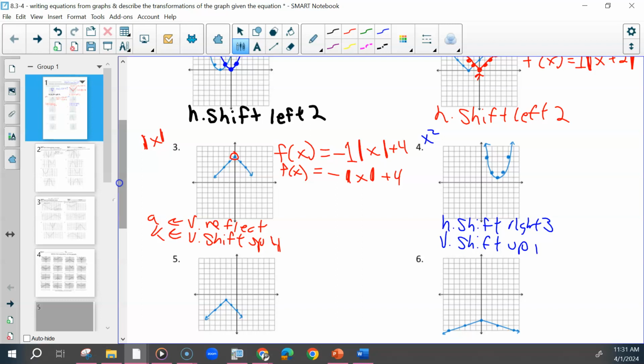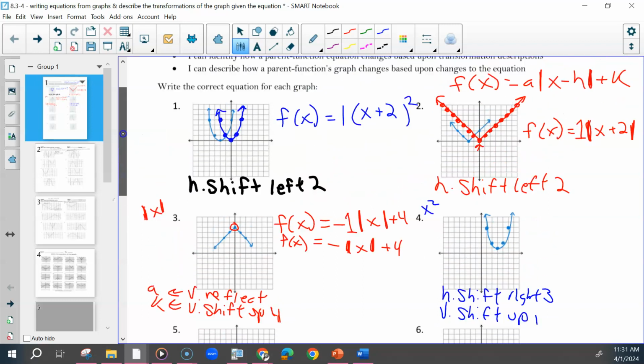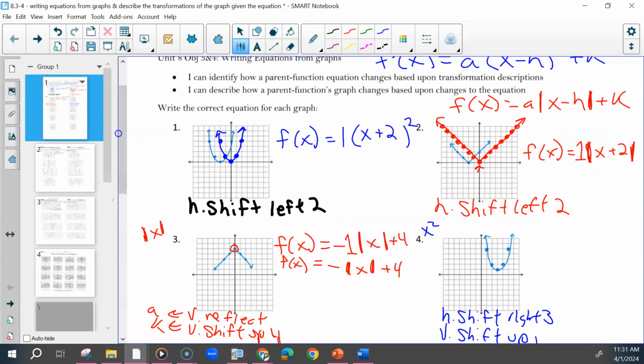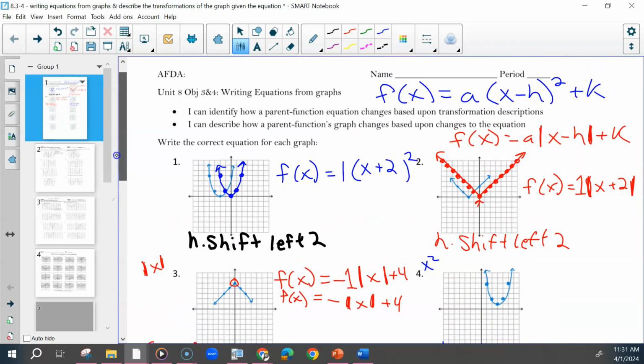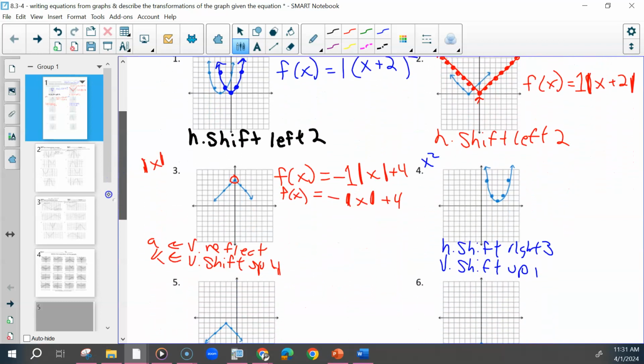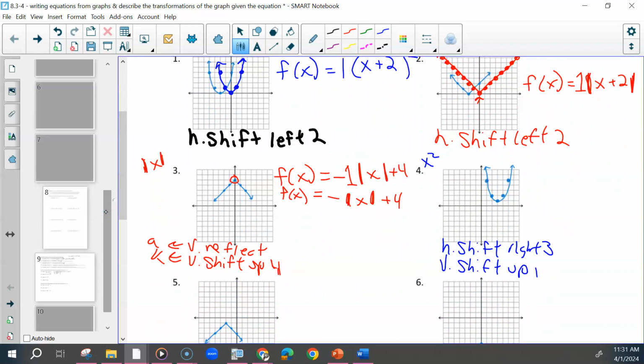So it moved to the right 3 and moved up 1. So the right would be which of these variables would it change? A, H, or K? K and H. Which one would do which? K would be 1, H would be 3. Right? And then we can start to put those together. F of x equals 1.